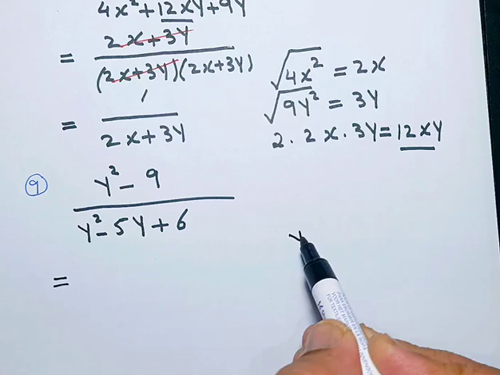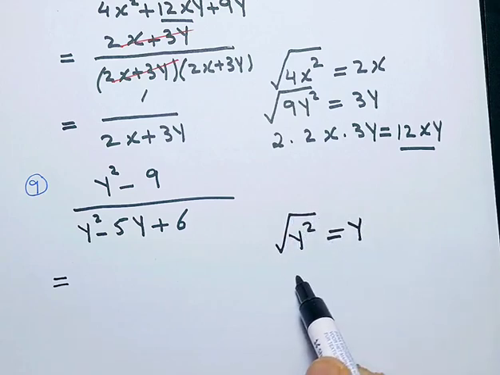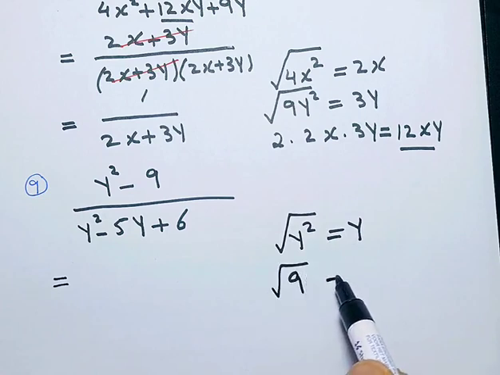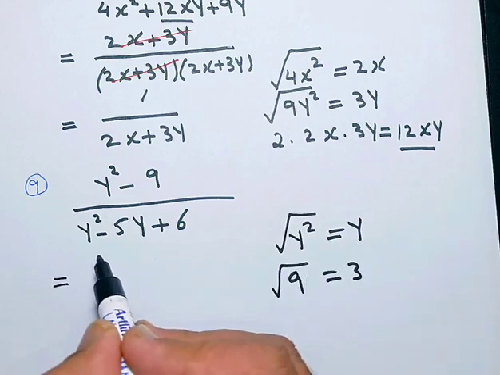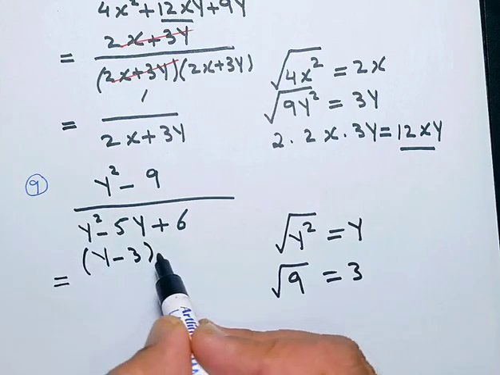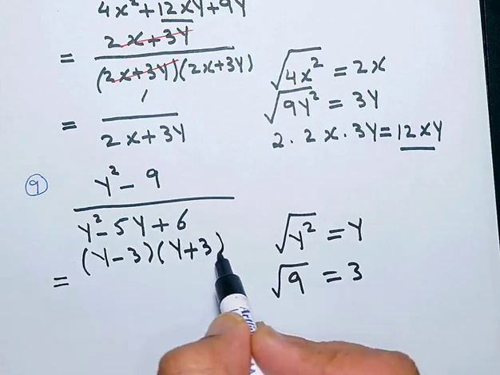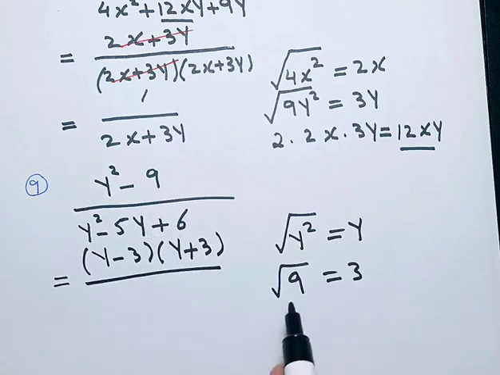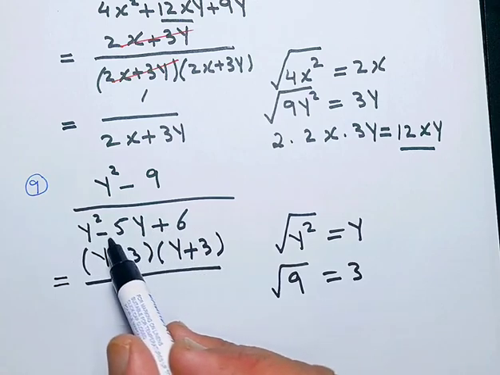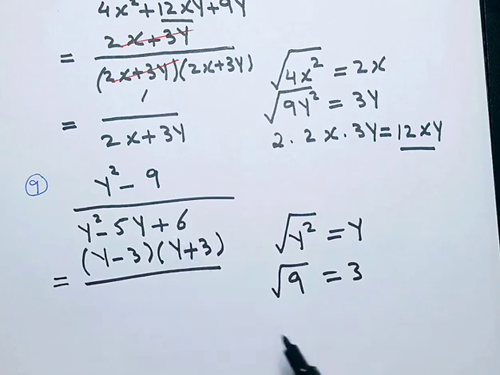I take the root of y squared, the answer is going to be y. The root of 9, the answer is going to be 3. So the first time a negative sign inside, I need to write two multiple factors, and the second time is positive. Now the middle term is negative, so in the bracket both signs will be negative.